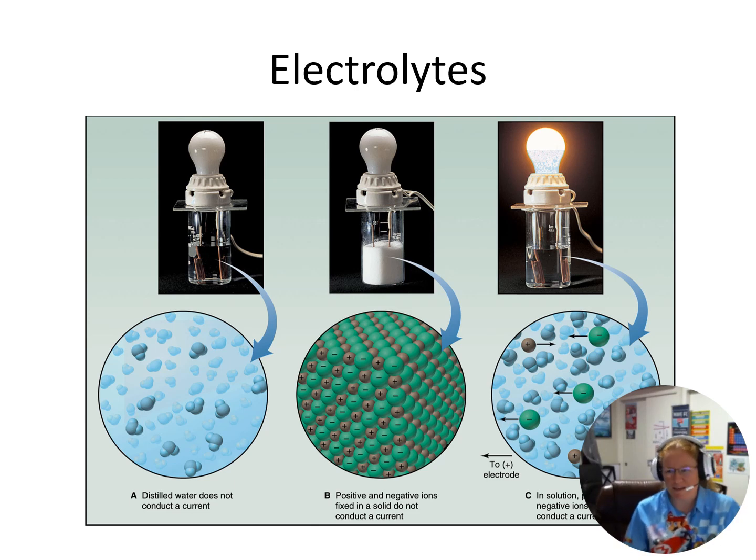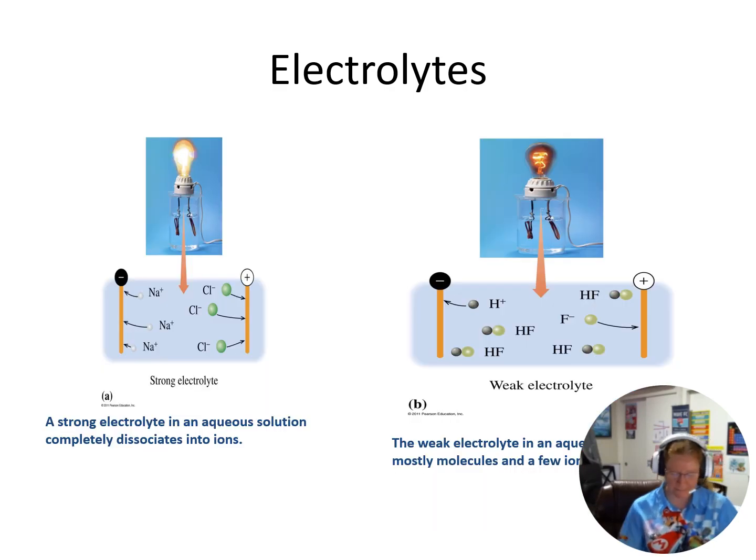So again, for electrolytes, we need to have mobile charge. And so if I have something that in solution dissociates into ions, I have mobile charge. And so I am able to conduct electricity. Okay? If I have a strong electrolyte, I have a lot of ions in solution, I can get a really bright light bulb.